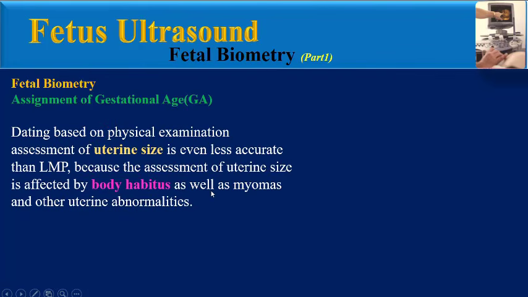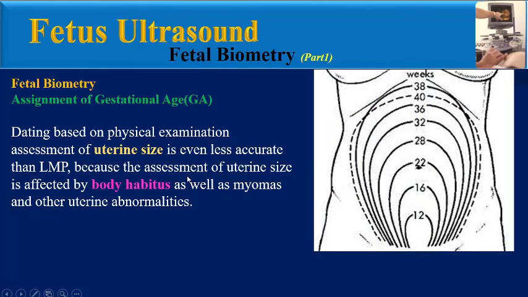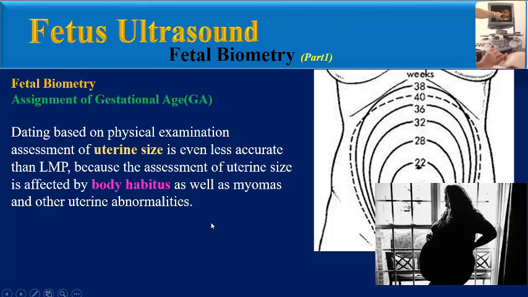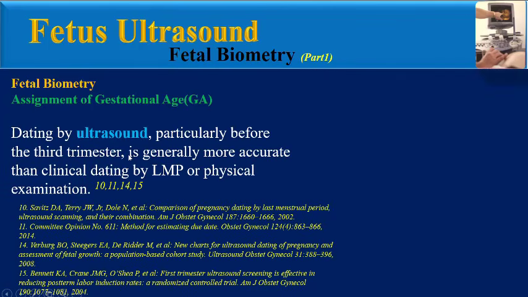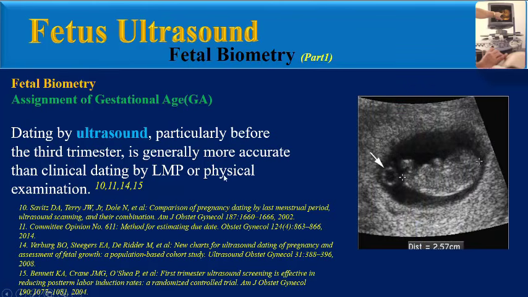Dating based on physical examination assessment of uterine size is even less accurate than LMP because the assessment of uterine size is affected by body habitus as well as myomas and other uterine abnormalities. According to many studies, dating by ultrasound, particularly before the third trimester, is generally more accurate than clinical dating by LMP or physical examination.